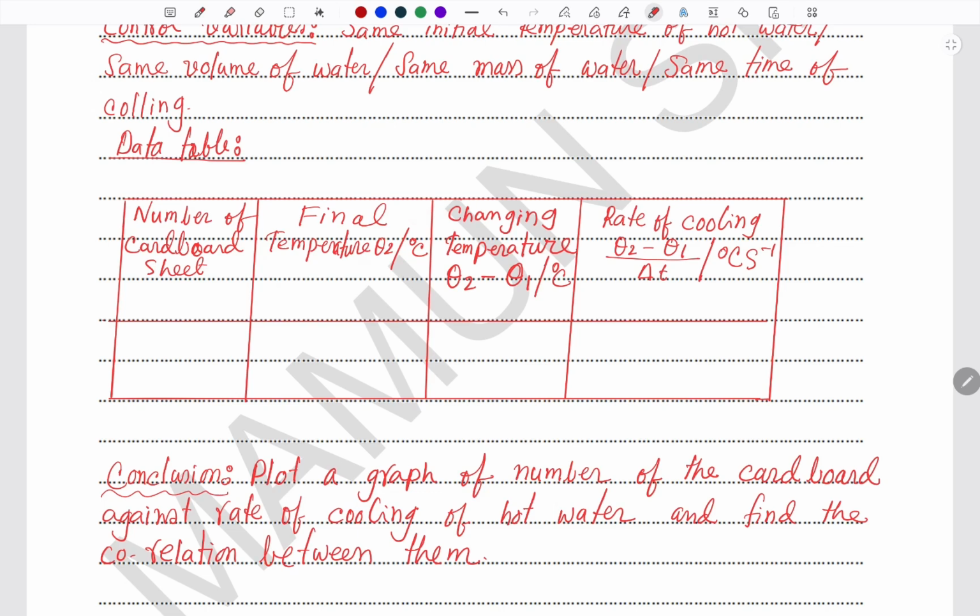And then by subtracting the final temperature from the initial temperature, we can calculate the change in temperature. And the rate of cooling means delta theta divided by the amount of time, here 5 minutes, so 5 into 60. And the unit is very important. You need to give the unit every time. The first one is degree Celsius and the next one is degree Celsius per second.